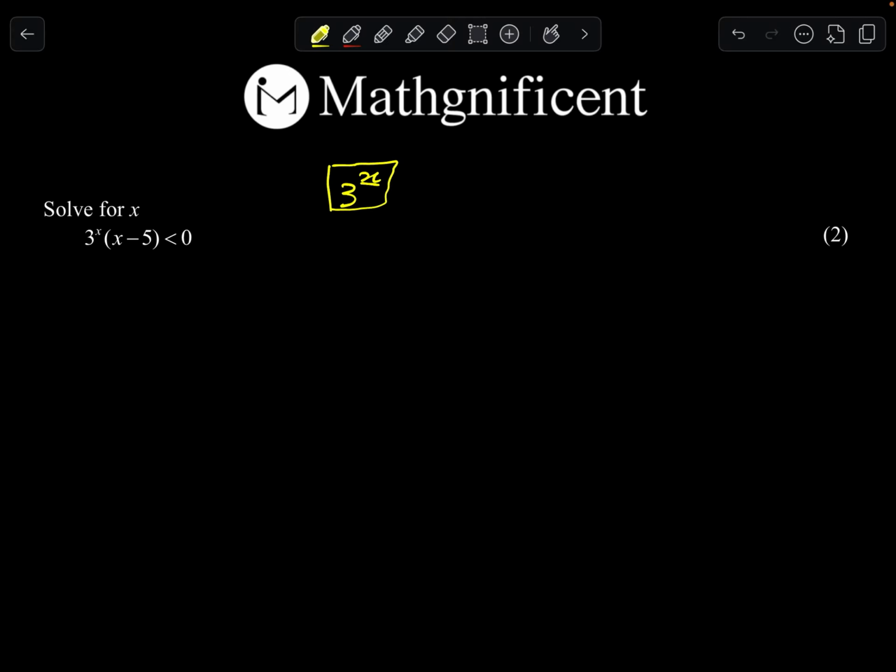You can try this using negative numbers. If you use negative 1, you get 1 over 3, which is positive. Negative 2 gives 1 over 9, positive. Negative 3 gives 1 over 27, which is still positive.